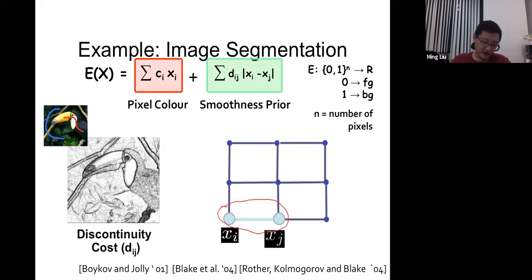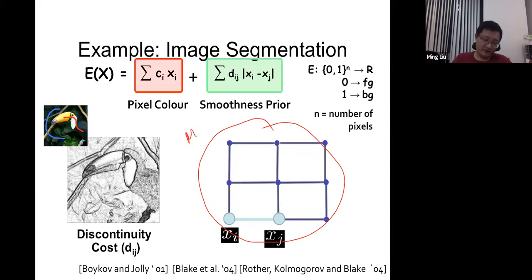So in this case, this is what? This is a clique. This is already a clique. So we want to find out the definition over all the possible cliques, and then we can define our overall cost function. This is the way we use an MRF to represent the relations between the pixel labels.